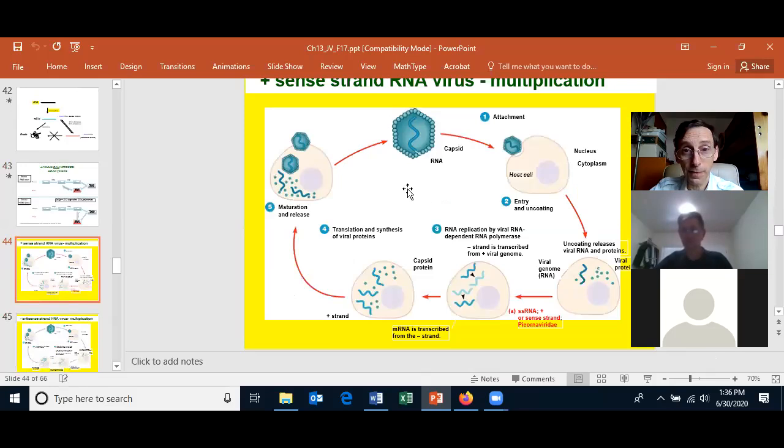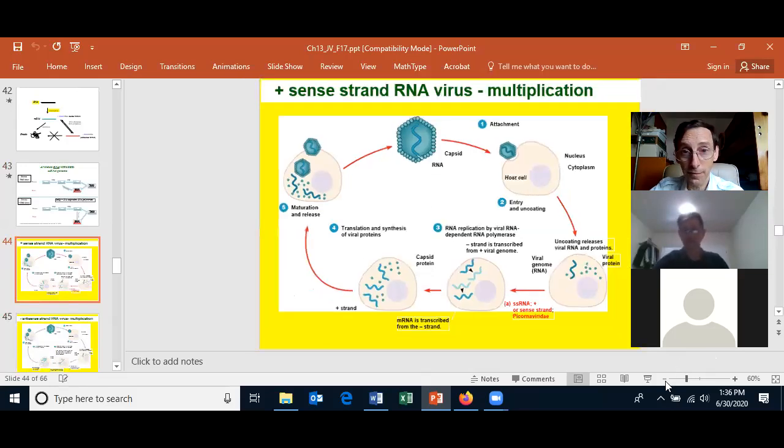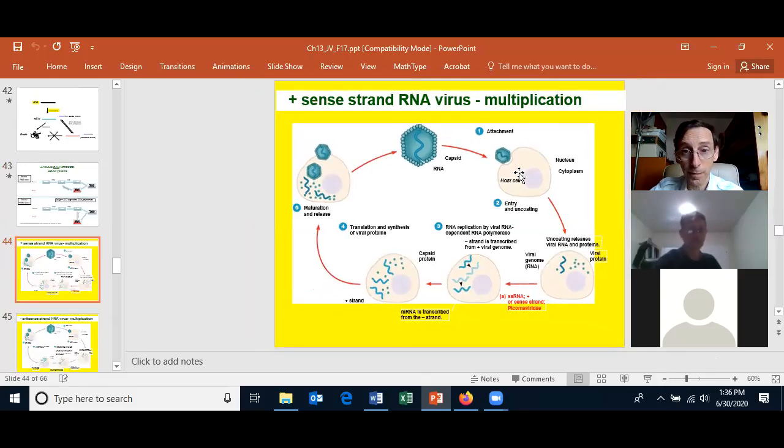And then a picture of RNA virus infecting a cell, being brought into the cell. It will be transcribed and then translated into viral protein in the cytoplasm. And if that's a positive strand, single strand RNA virus, it doesn't have to be transcribed.